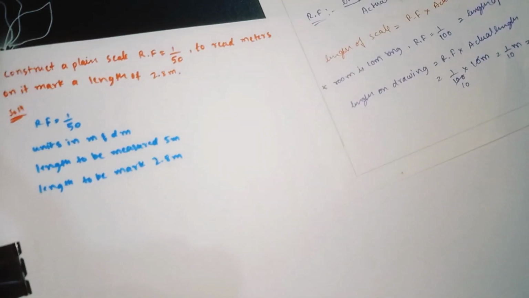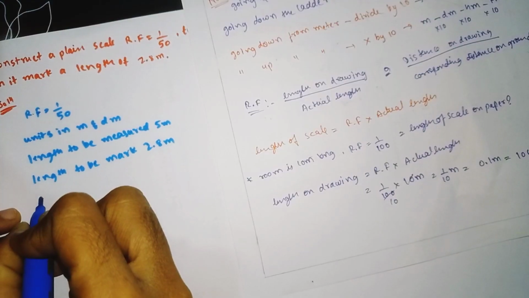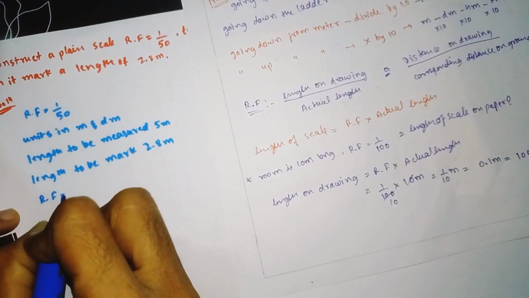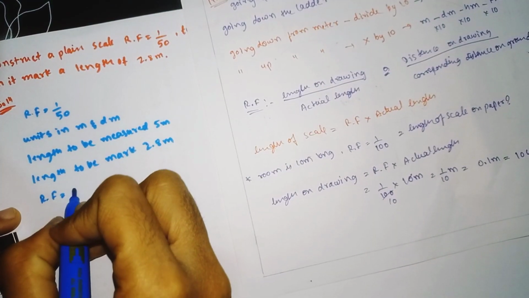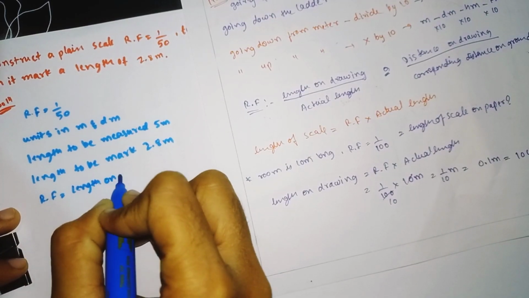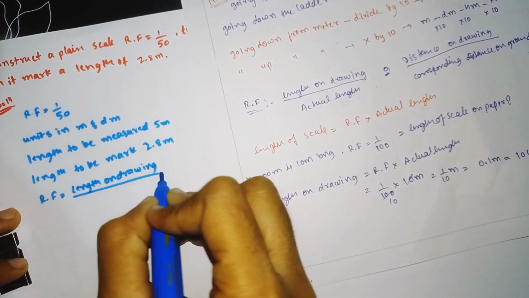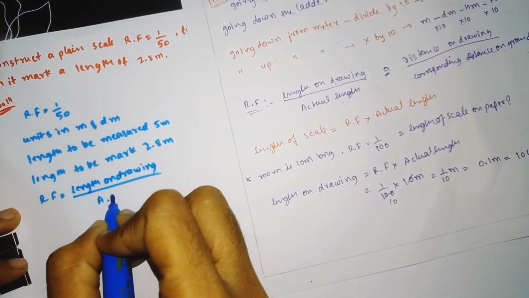So now we'll write this RF formula here. So RF is equal to length on drawing divided by actual length.